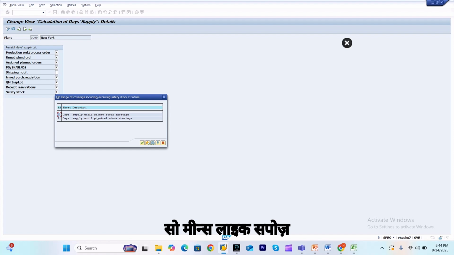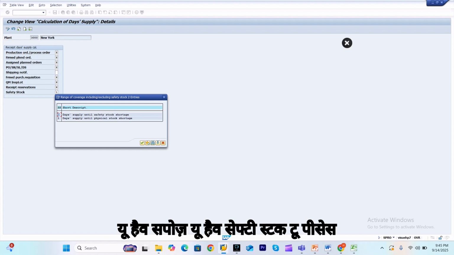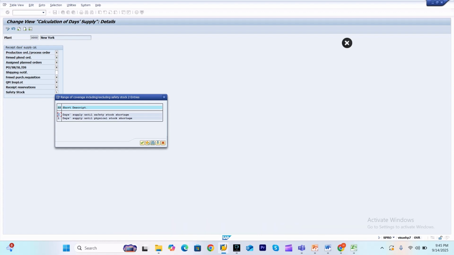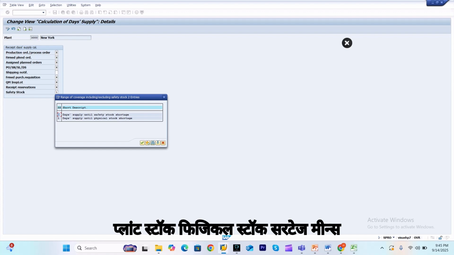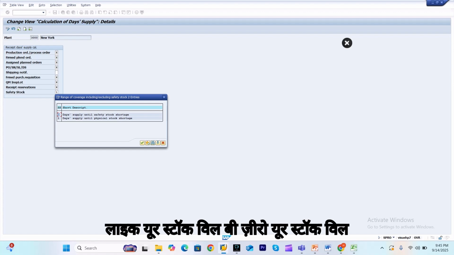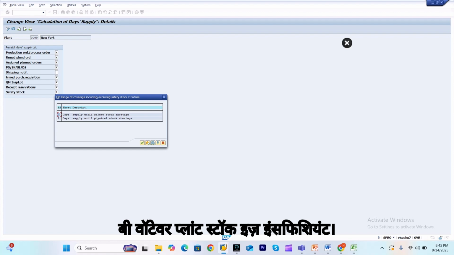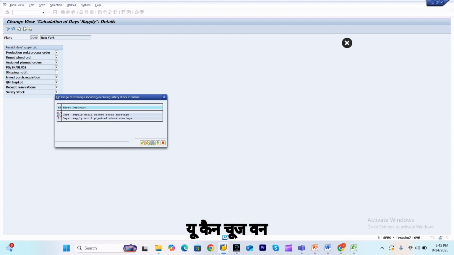Suppose you have safety stock of 2 pieces and your stock is 10 pieces, the stock till it comes to the safety stock level should be calculated as a shortage. So you can choose the blank one. And if you want the plant stock physical stock shortage, meaning your stock will be 0, whatever plant stock is insufficient compared to your requirement, then you can choose 1.